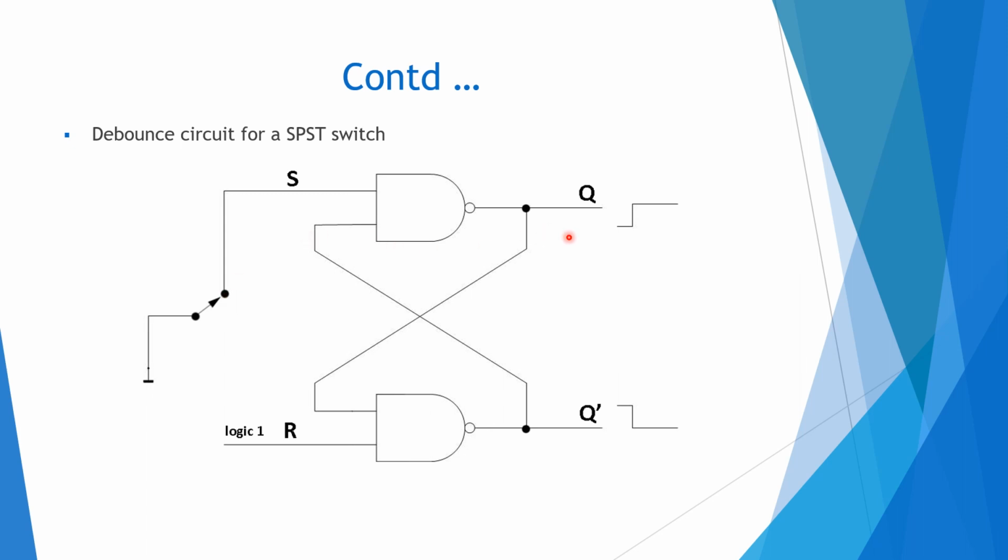That makes Q 1, and then it oscillates here, but it makes no difference at the output of the latch, because when the switch does not make contact, the input is at logic 1 1, so the latch remains in the previous state. There will be no oscillations here, and we will have only a single transition from 0 to 1. So that's it for this part.